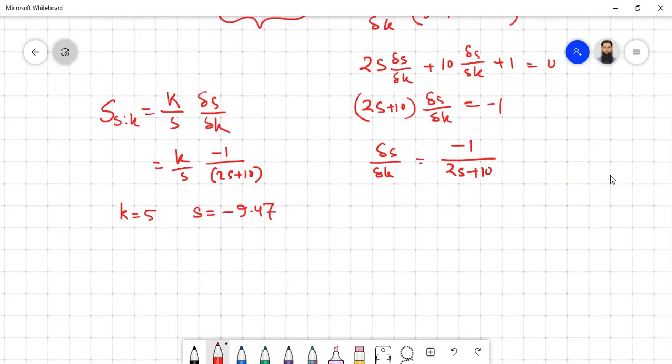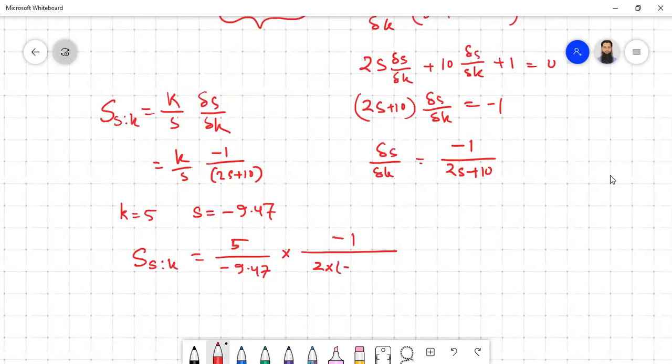At this point, the sensitivity is 5 by minus 9.47 times minus 1 over 2 into minus 9.47 plus 10. If you use the calculator, the value comes as minus 0.059.